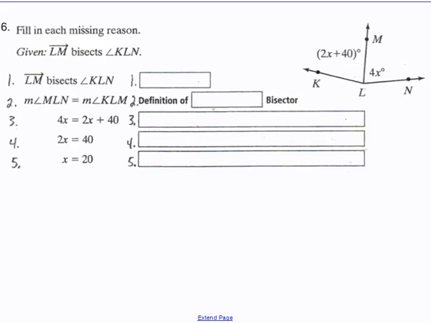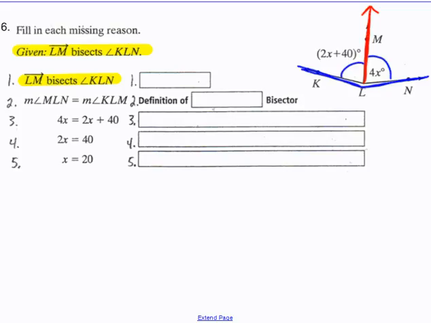Okay, last one. We are given LM bisects angle KLN. The ray LM bisects KLN. Well, if we look at that, we see LN in the picture is this ray right here. And that means that it cuts this big angle in two congruent parts. Okay?